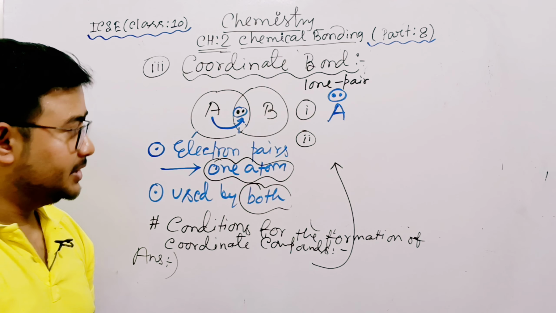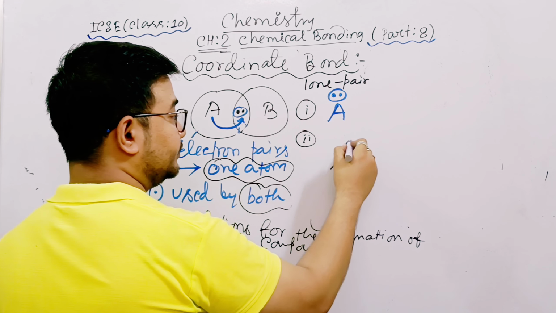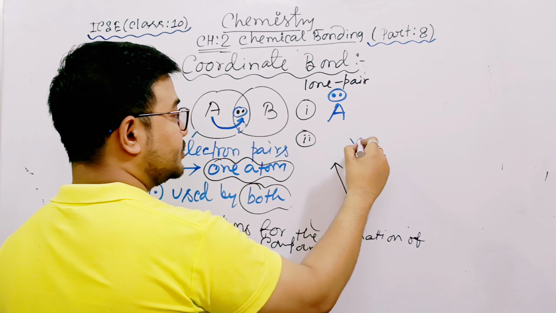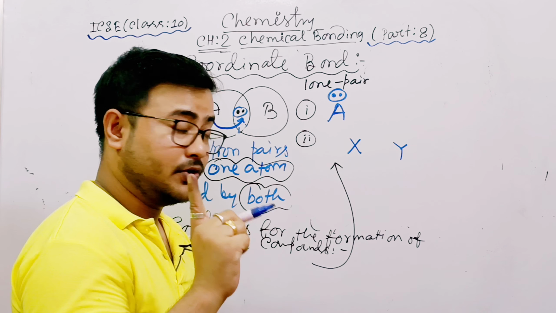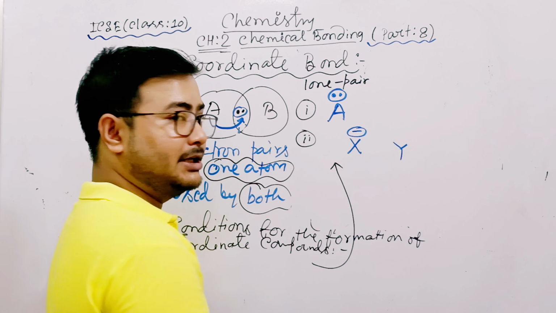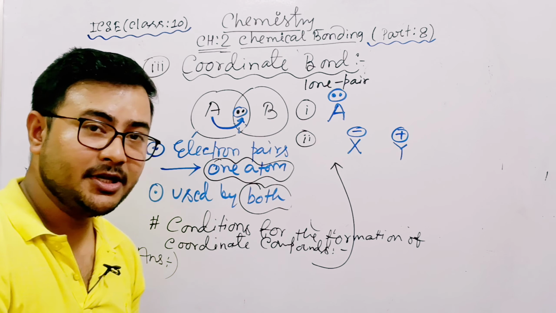So tell me one concept, a very important concept. Suppose, instead of A, B, C, D, we take X and Y, two atoms. Give focus: one atom contains a negative charge, another atom contains a positive charge.